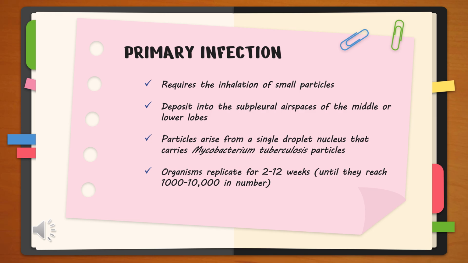These particles arise from a single droplet nucleus that carries Mycobacterium tuberculosis particles. The organisms replicate for 2 to 12 weeks until they reach 1,000 to 10,000 in number, which will then be enough to induce a cellular immune response.